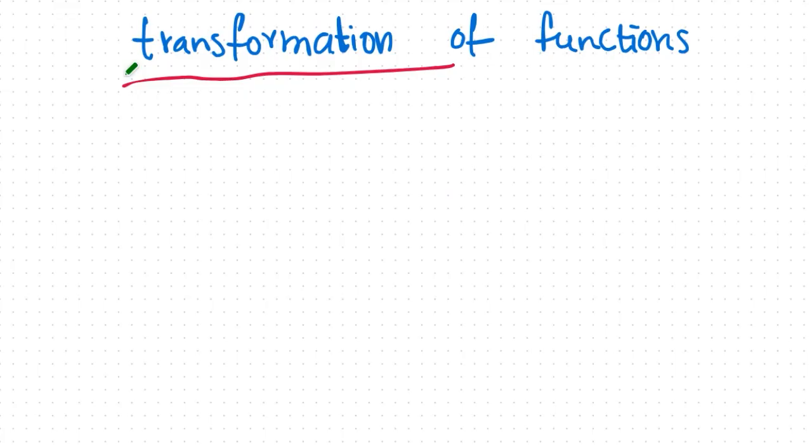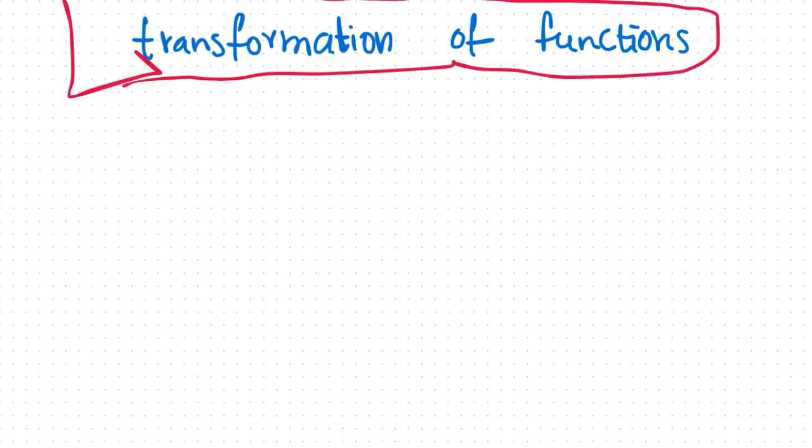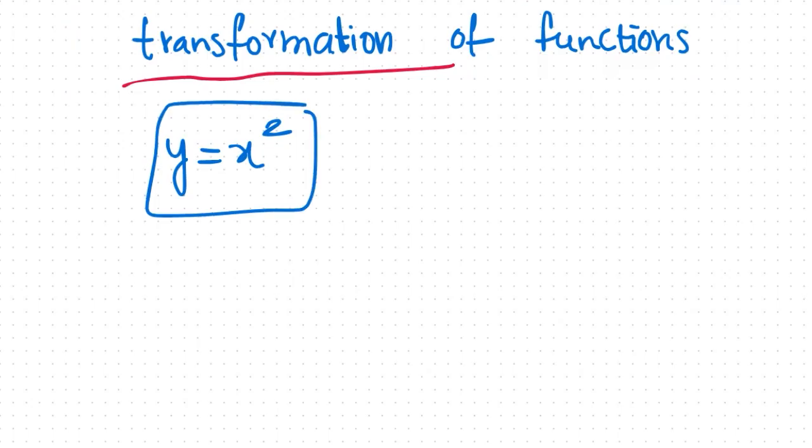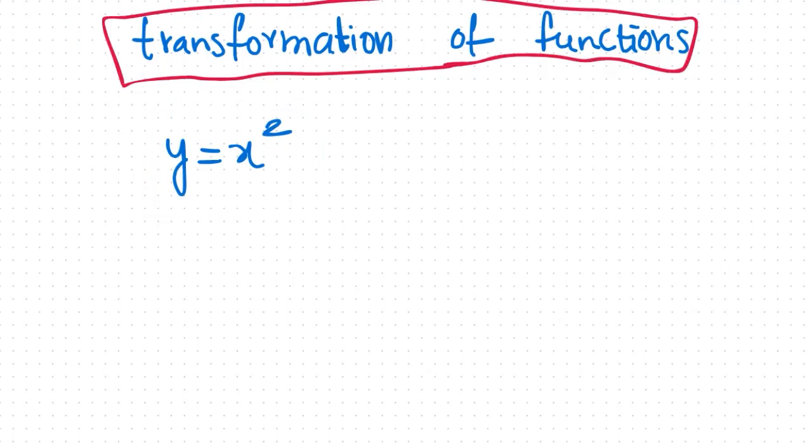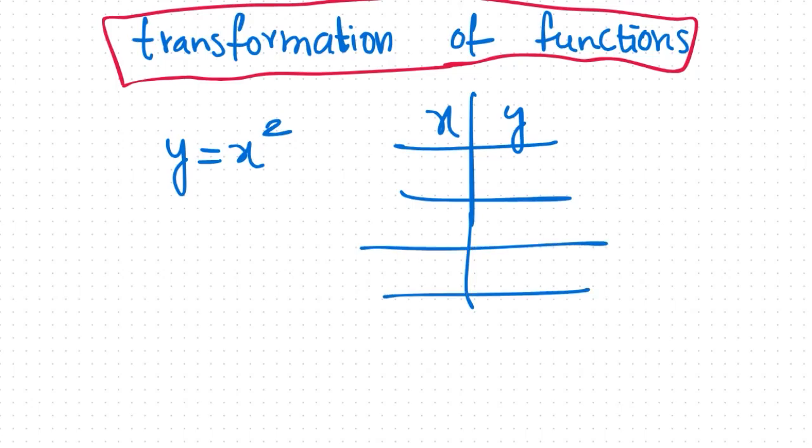Yeah. So, transformation of functions. I think you know how to draw the graph of the function y equal to x square, right? The usual method is you put various values of x and check the y values.